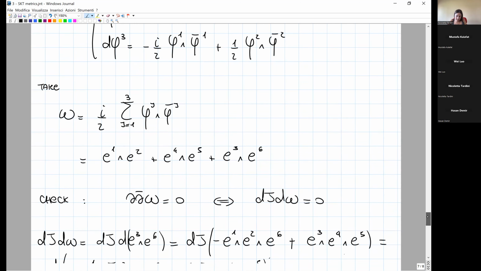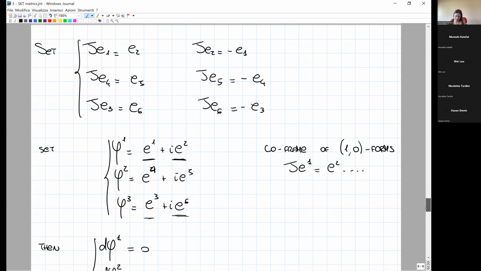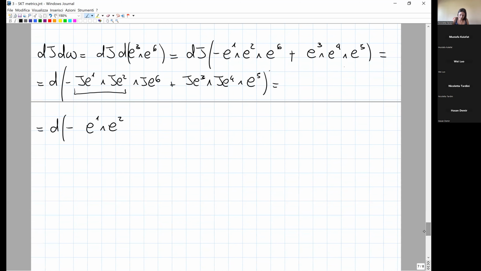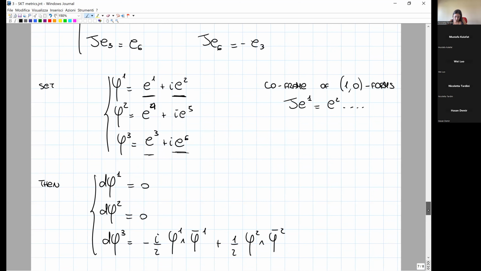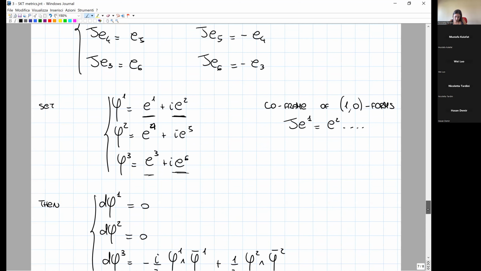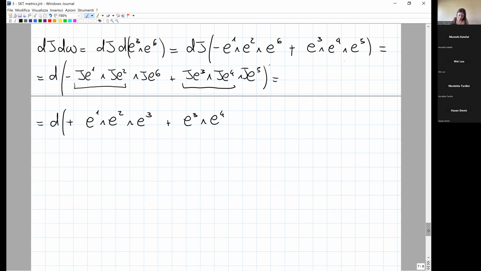And the J of e6 is minus e3. So here I have e3. And then again, J applied to 3, 4 is invariant. So this is e3 wedge e4. Sorry, here I have a J. And then J applied to e5, but J applied to e5 was minus e4.